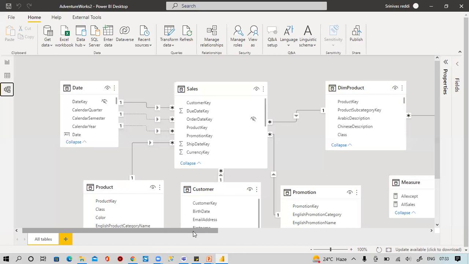How many schemas do you have? Or what schema is used in your project? So yes, in my project I use a star schema, or in my project I use a snowflake schema. Your answer should be in such a way.